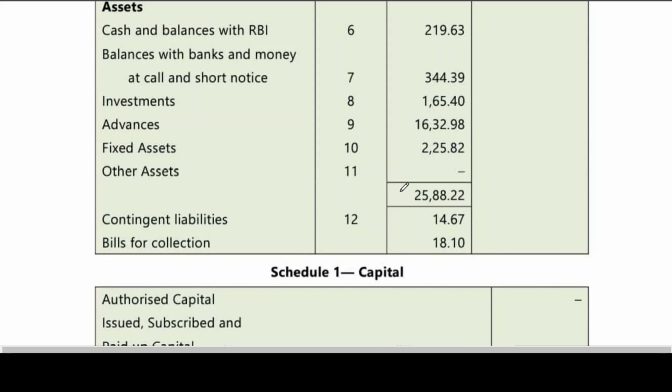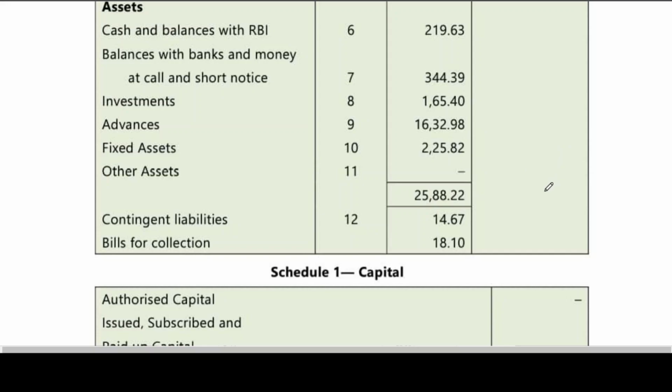For doing that, we need to calculate SLR, the statutory liquidity ratio. For the statutory liquidity ratio, calculate liquid assets minus SLR. At present it is 19% of deposits, but in the problem it is given as 23% of deposits. If you calculate that and deduct it, you will get the excess liquidity, and the cash reserve ratio calculation is based on excess liquidity.